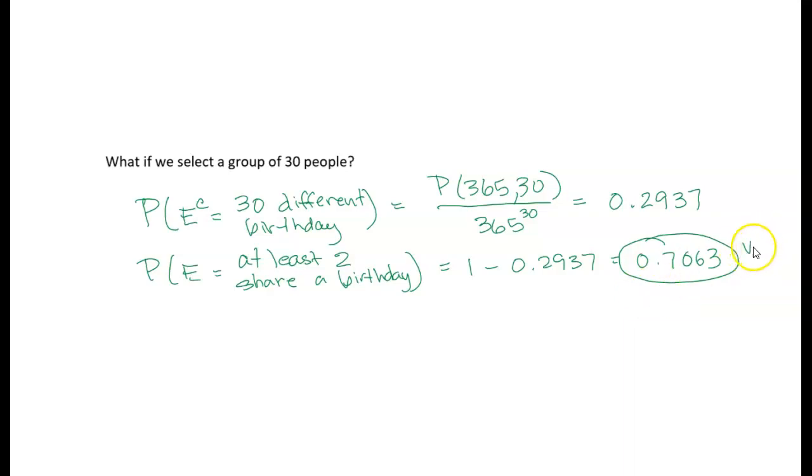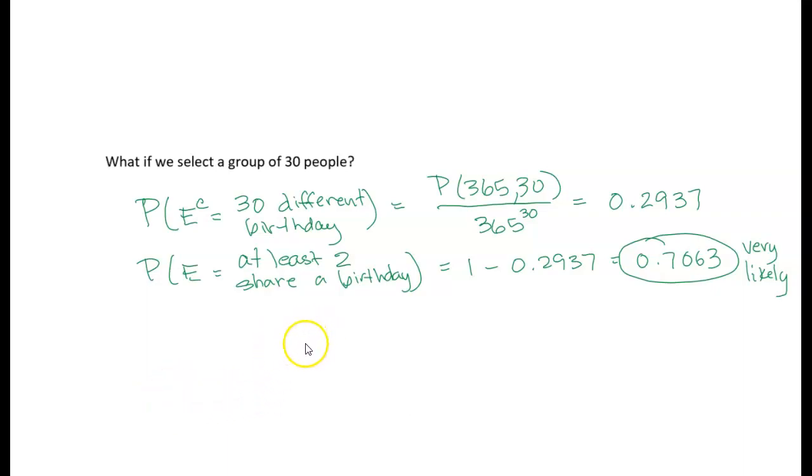So this is actually very likely to occur, which is a little surprising. Because if you think about it, you get only 30 people in a room, you've got 365 possible birthdays. It doesn't seem like it should be that high. But think about the number of pairs of people that you have, because you could pair people up in any way.